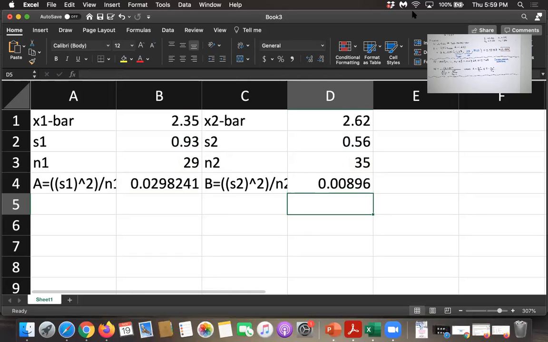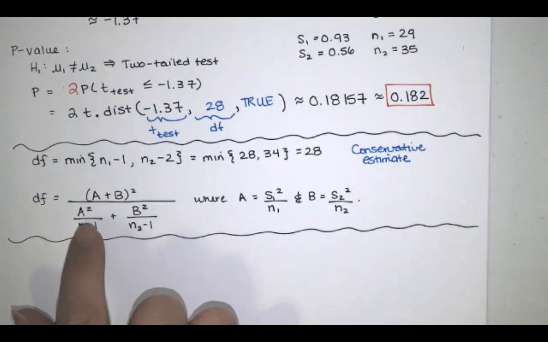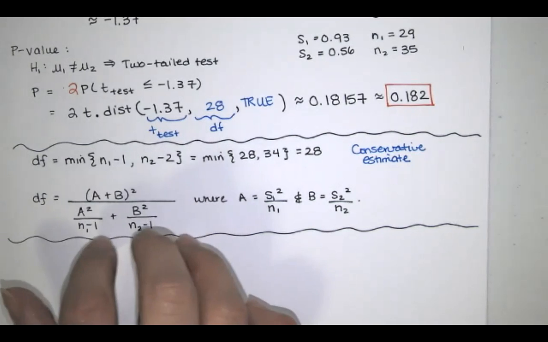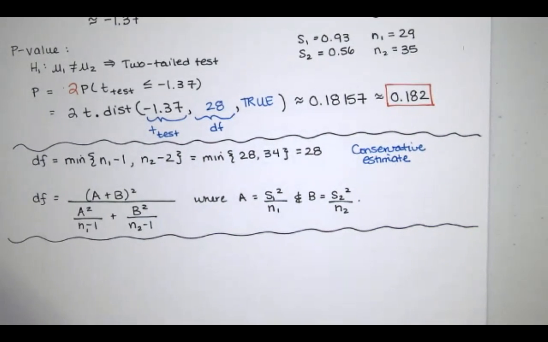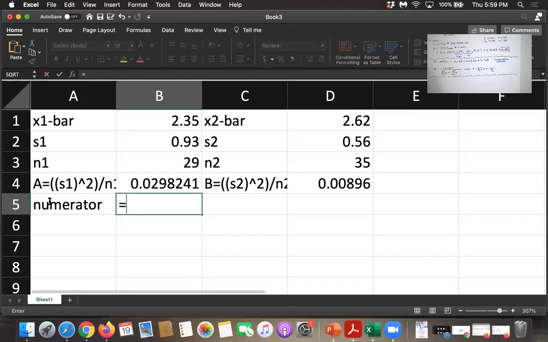Now, if we look at our formula, I've got to have (a plus b) squared, and then I'm dividing by a squared over n sub 1 minus 1 plus b squared over n sub 2 minus 1. I think I'll do the denominator separately from the numerator, and then we'll just divide those. So for my numerator, that's supposed to be a plus b quantity squared. So we'll open parentheses and we'll type a plus b quantity squared.